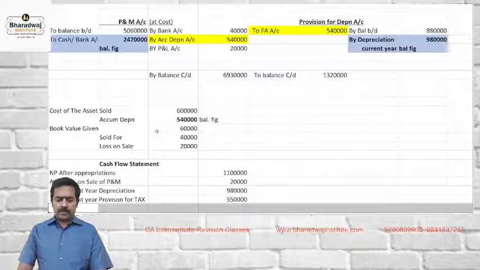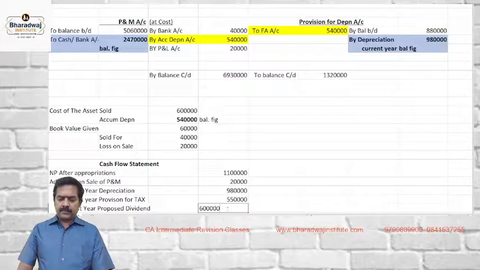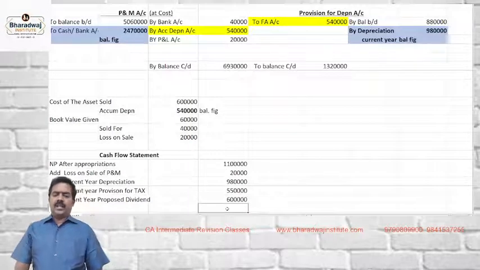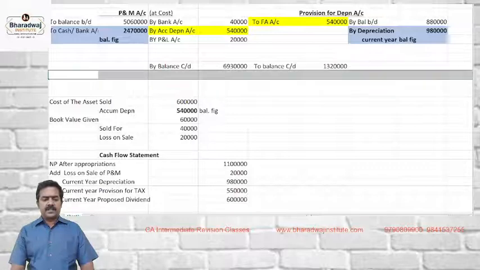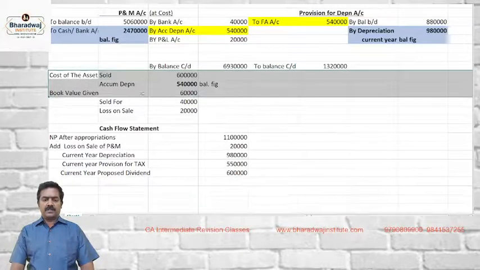Then current year proposed dividend. Any other thing like preliminary expenses written off, discount on issue of share written off, goodwill written off.